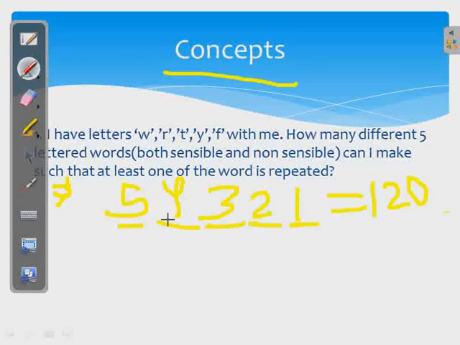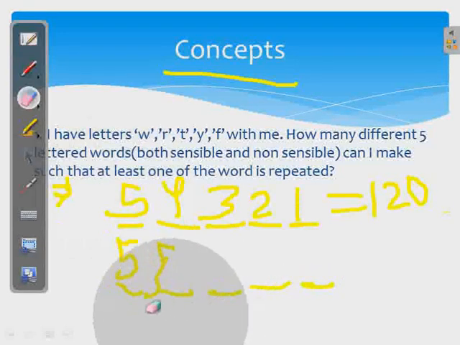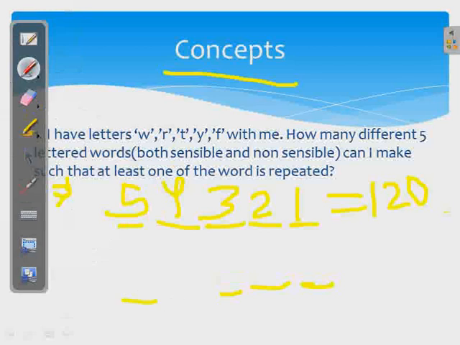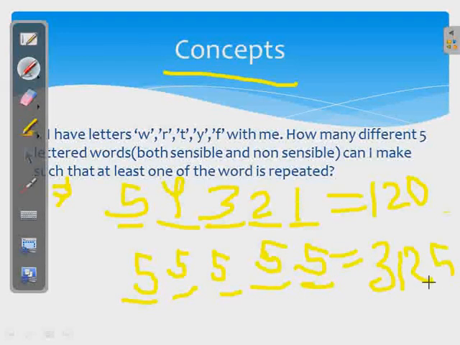And if letters are allowed to repeat, the maximum number of words that can be formed is 5 times 5 times 5 times 5 times 5. So that is 3125. This 3125 includes words where every letter can be repeated as well.